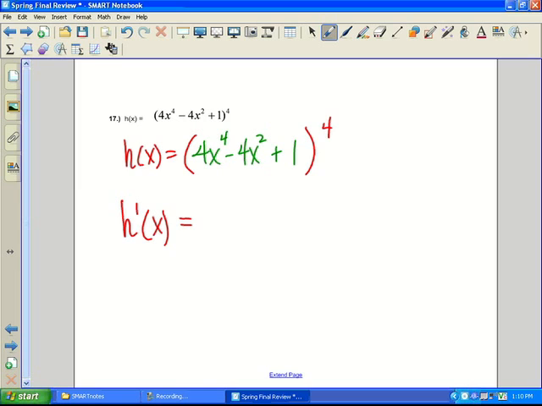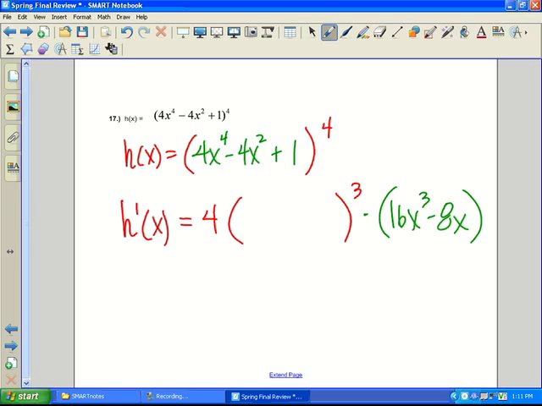So this would be 4 times this inside part cubed. And then I would multiply by the derivative of the inside. So that's going to be 16x cubed minus 8x. And the plus 1 has a derivative of 0.